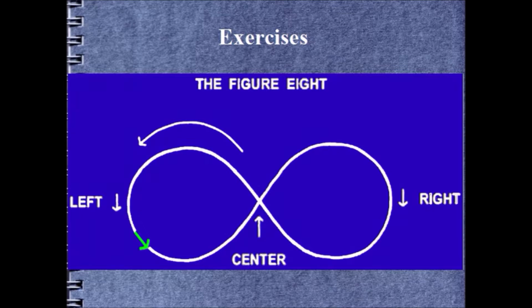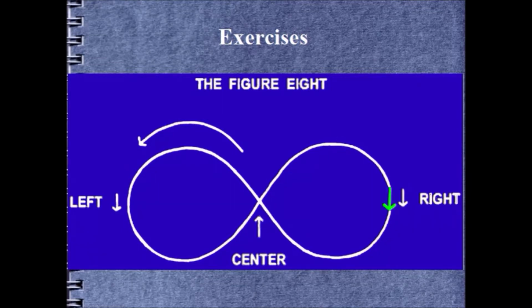So here's the beginning of our eye exercises. This is the figure 8. And as you can see by the little green arrow, it's going up to the left, back down around, and then up to the right and back down around to the center, and then going back around again to make a figure 8. When you're doing this exercise, it's important to have the correct breathing pattern to integrate with your eyes.